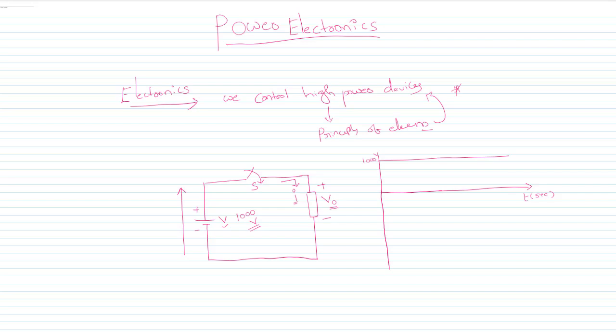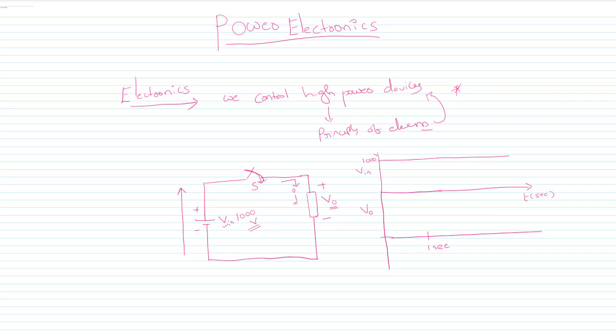Now I want to know what is the output voltage here. This is the input voltage, we call it Vin, and the output voltage we call V0. Now observe carefully. Say for 1 second, you close the switch.